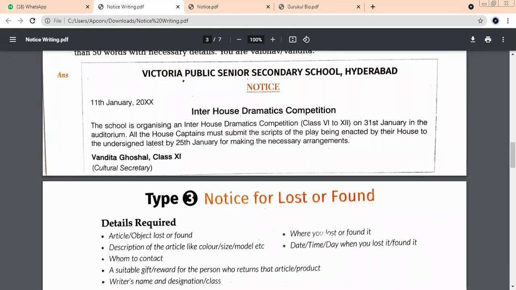Beta, sometimes for events, you'll have those kind of notices where you'll be writing a notice that your school is taking the students for a 2 days tour or 3 days tour. Then some extra information has to be added, like duration of the tour, how much money has to be paid, other details.